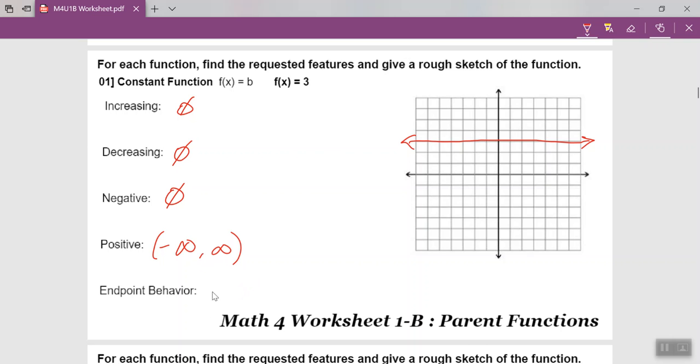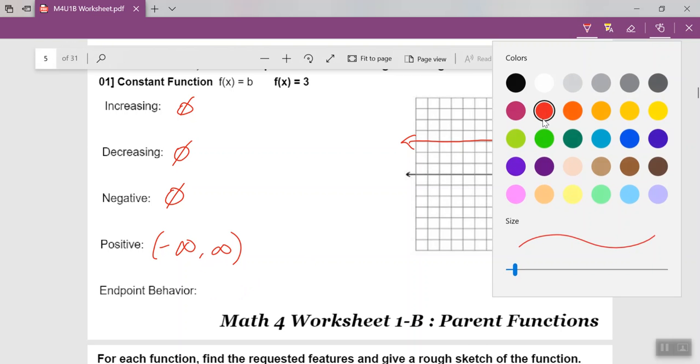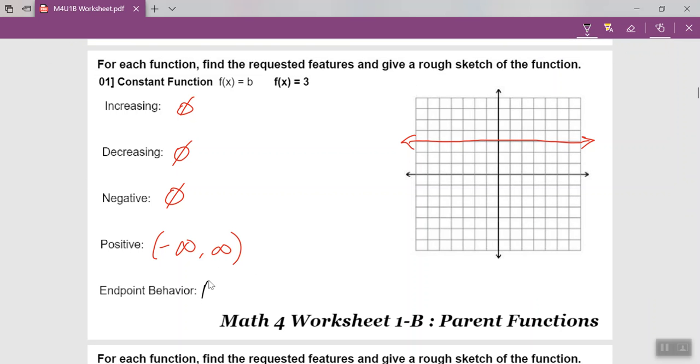And the endpoint behavior would be that as x approaches negative infinity, y approaches 3. And as x approaches positive infinity, y approaches 3.